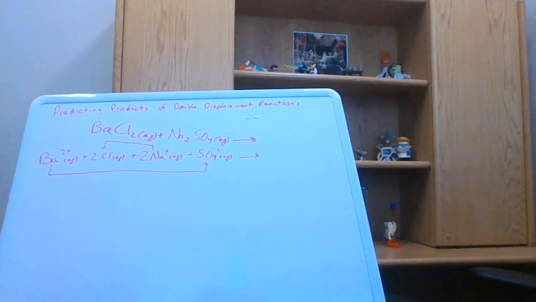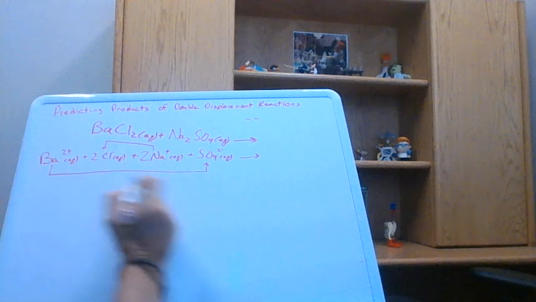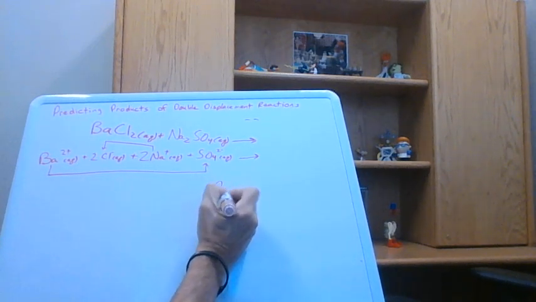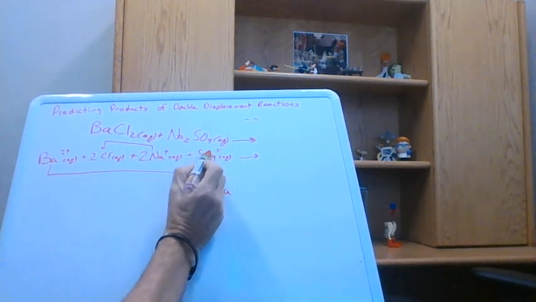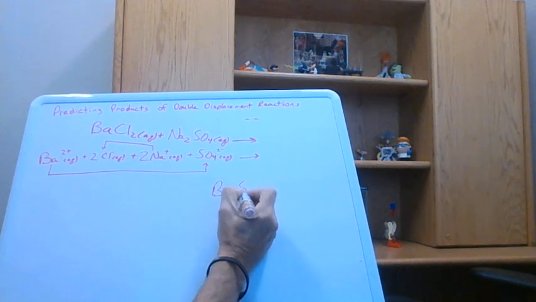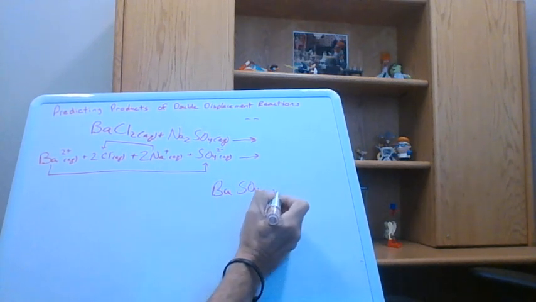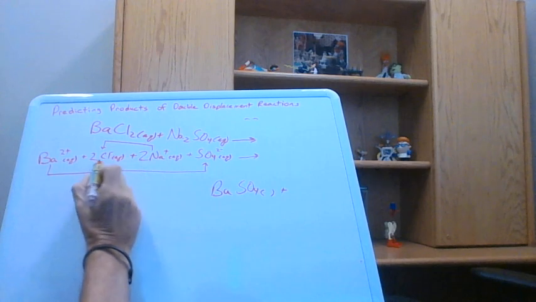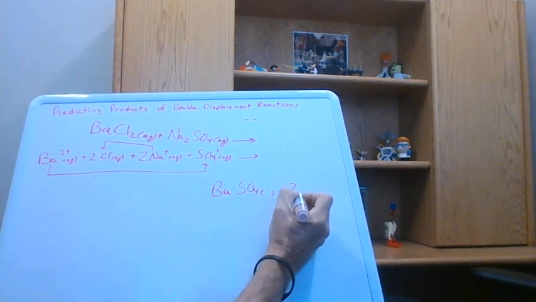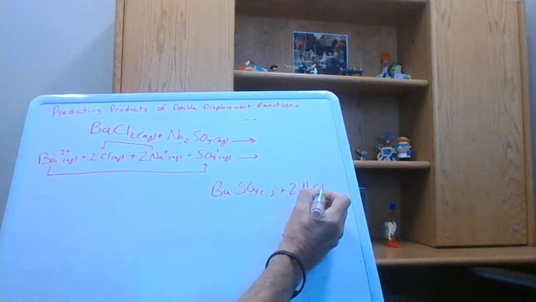So your potential products are barium sulfate. Barium has a +2 charge, sulfate has a -2, so those will go together 1 to 1. And the other combination is sodium with the chloride, so you'd have 2 NaCl.